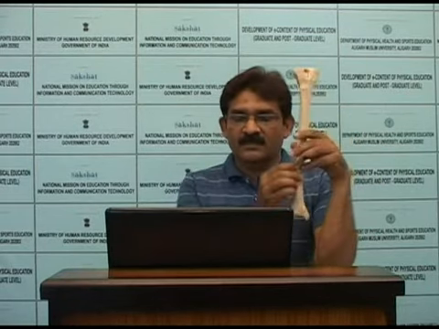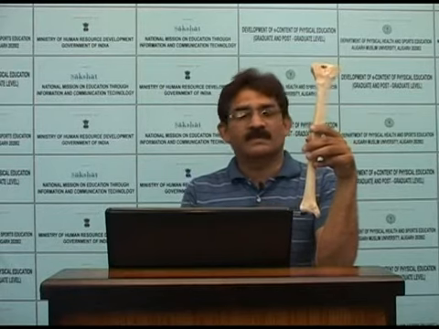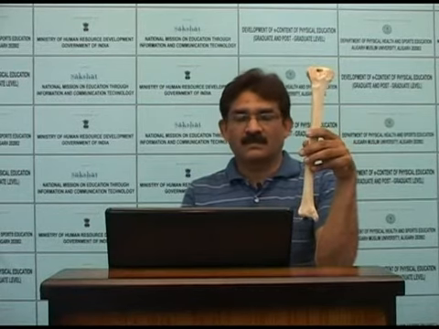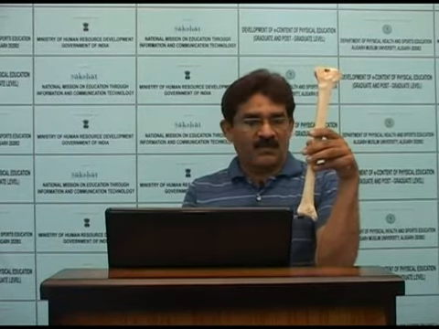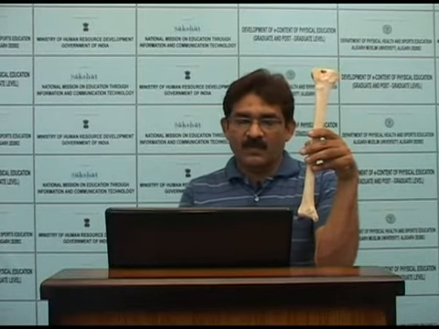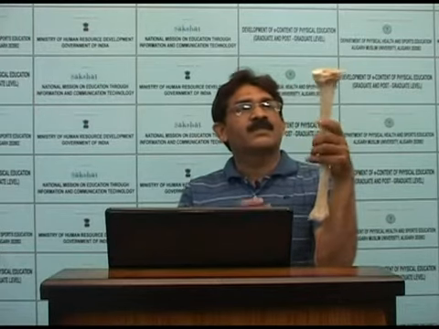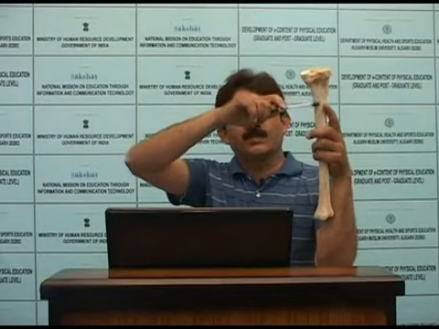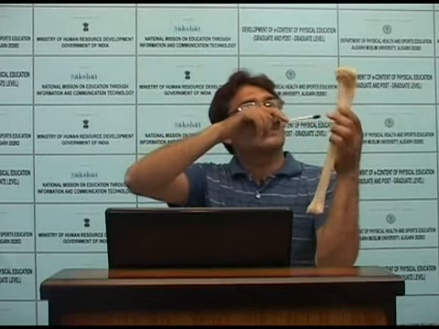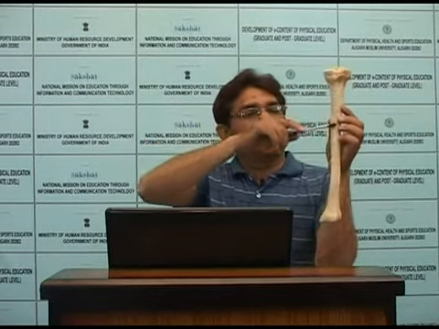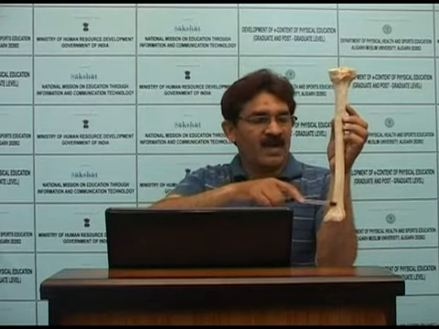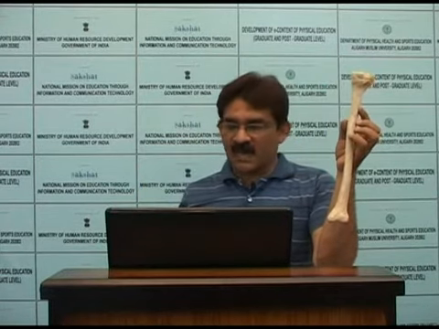The lower end has the fibular notch and the medial malleolus. This is the posterior side of this bone, and we can show the posterior side more clearly.